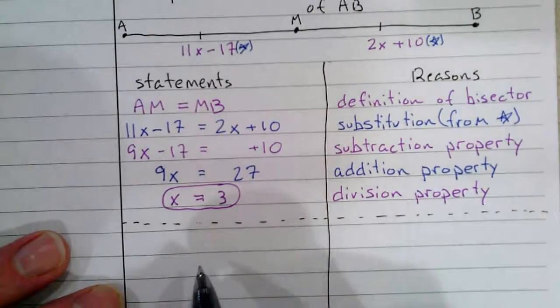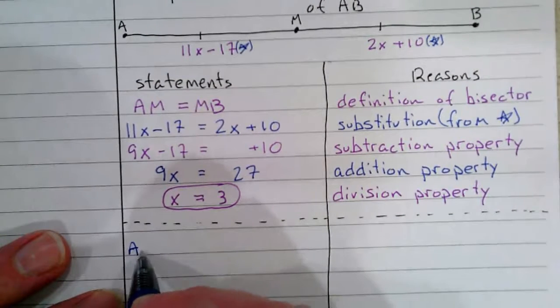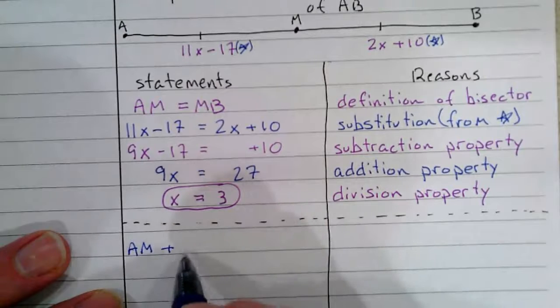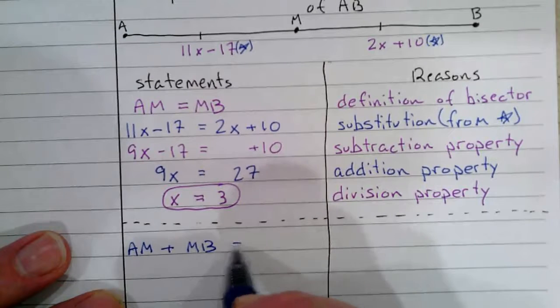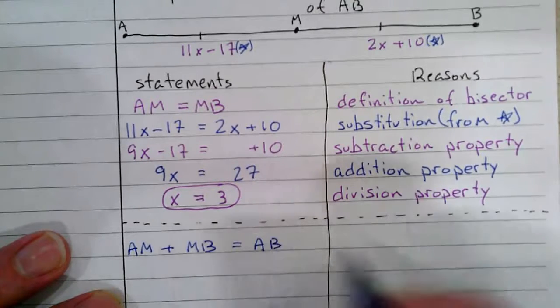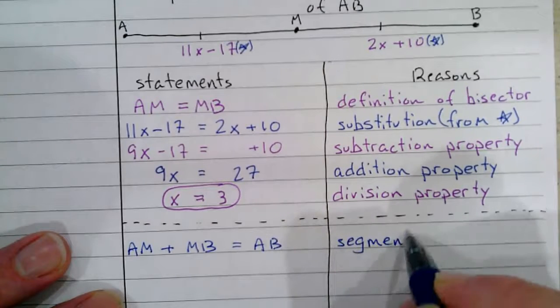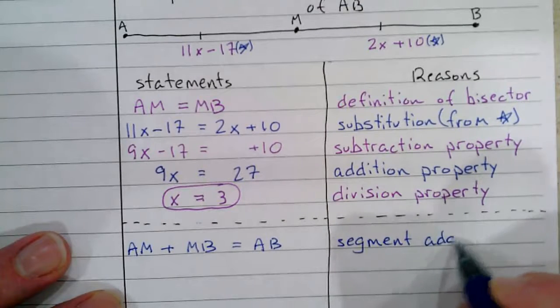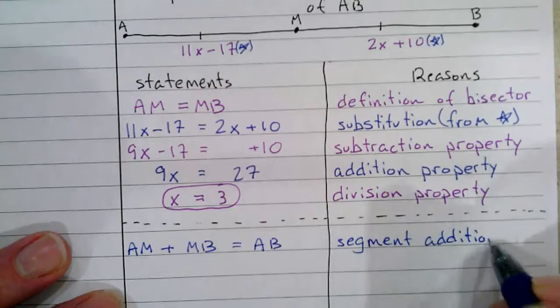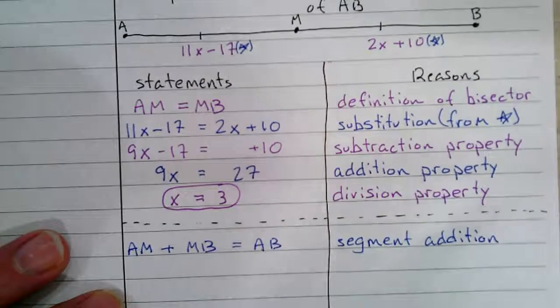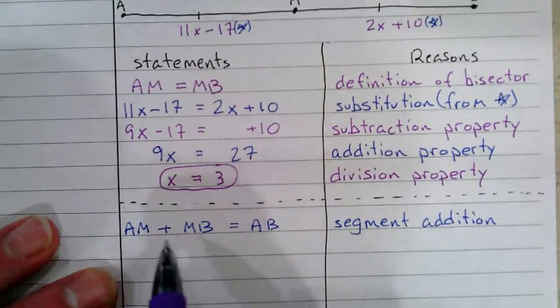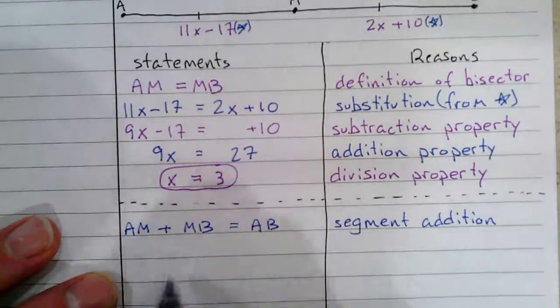We know that AM plus MB equals AB, and that's just segment addition. Now we'll substitute our expressions in there.